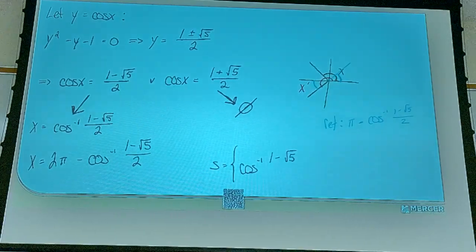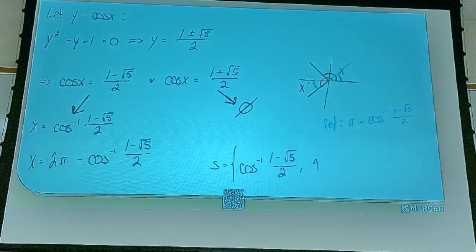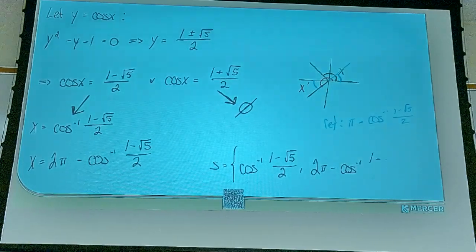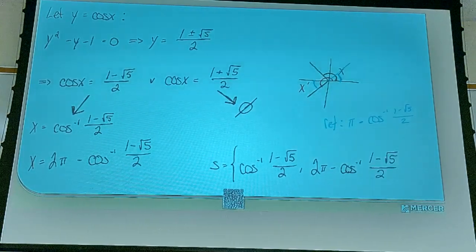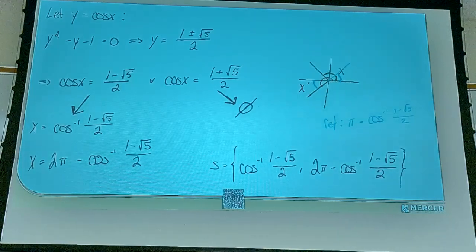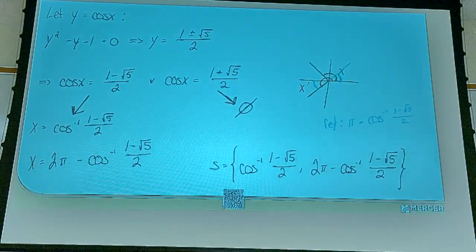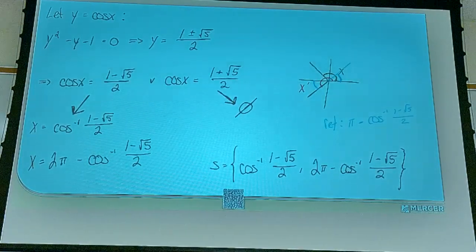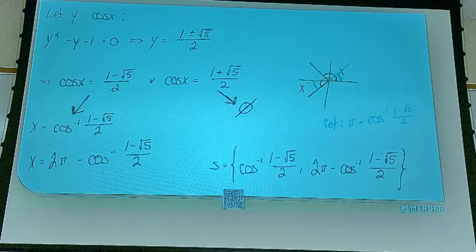Divided over 2 and then 2 pi. So I was just checking the wrong thing, or to check the right thing, I would know that they were correct.